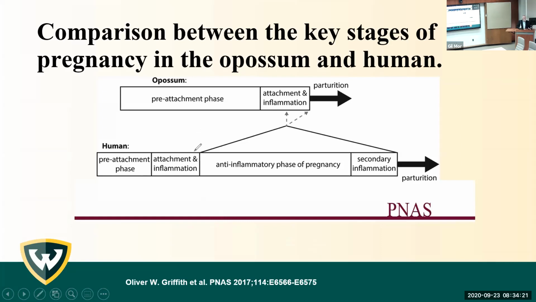In the opossum, it jumps immediately from this one into this one. And we know that this inflammatory step is associated with parturition. So the opossum goes from inflammation for implantation directly to inflammation for parturition. There is no critical step that we need in humans, the stage of placentation.